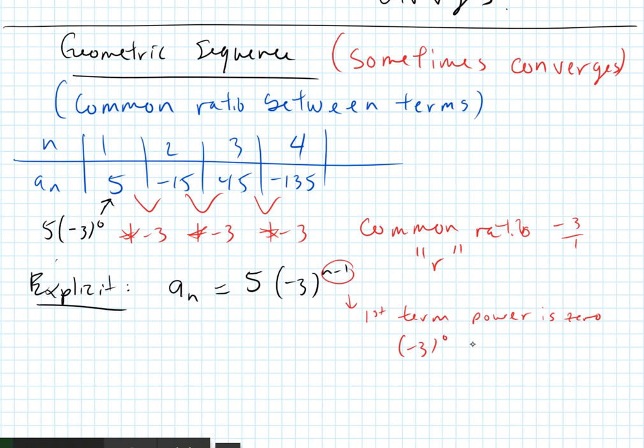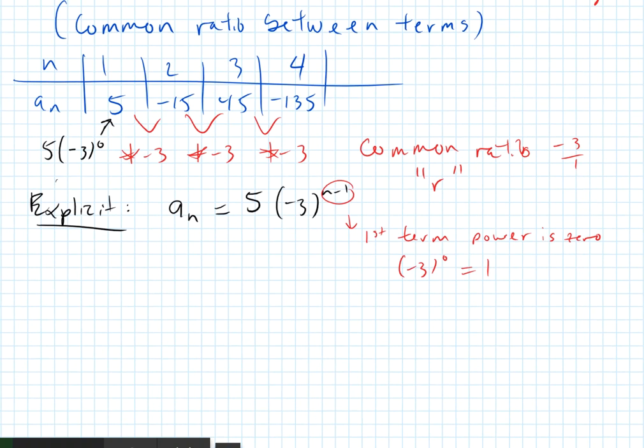Now, when do these geometric sequences converge or diverge? Well, if the absolute value of r, because you notice our r is negative 3, it could be negative or positive, is less than 1, then the sequence converges. Absolute value less than 1 is the same as saying that r is between negative 1 and 1, but not equal to either. If that's true, then the sequence converges.